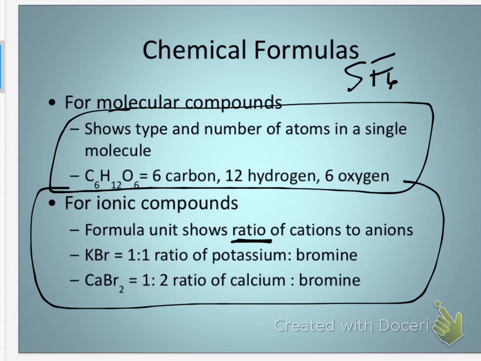Why don't ionic formulas show the actual number of pieces in a molecule?